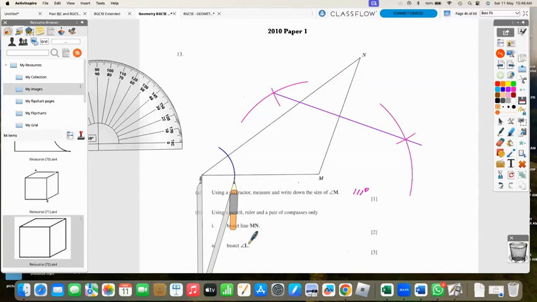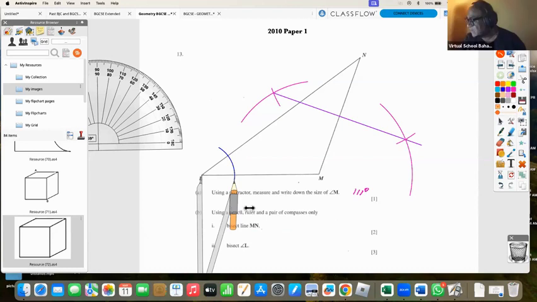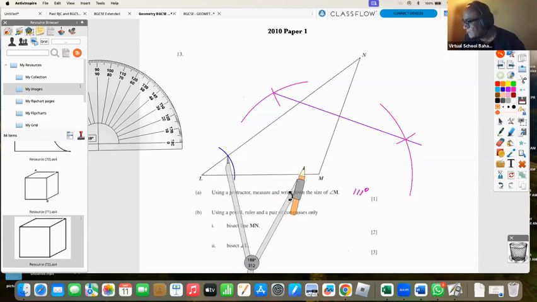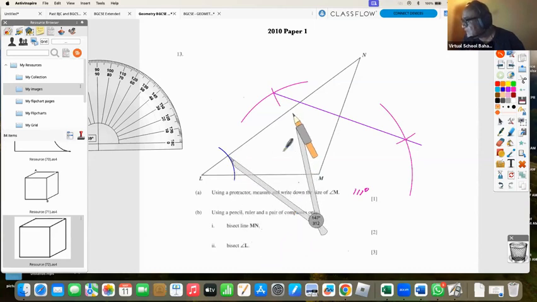Then you open your compass up a little. Then we put our point on the one that we crossed there. And remember, when we draw this arc, we have to make sure it crosses. We don't make it too small. And then we put it on the other side there.